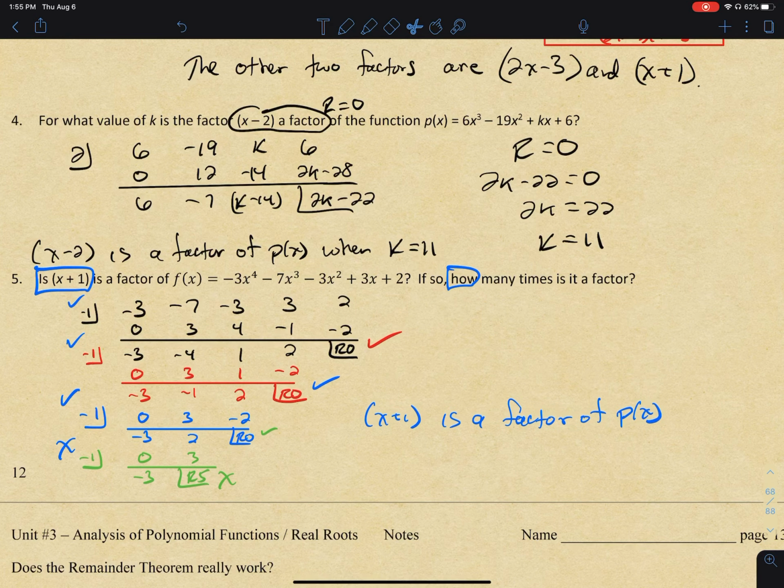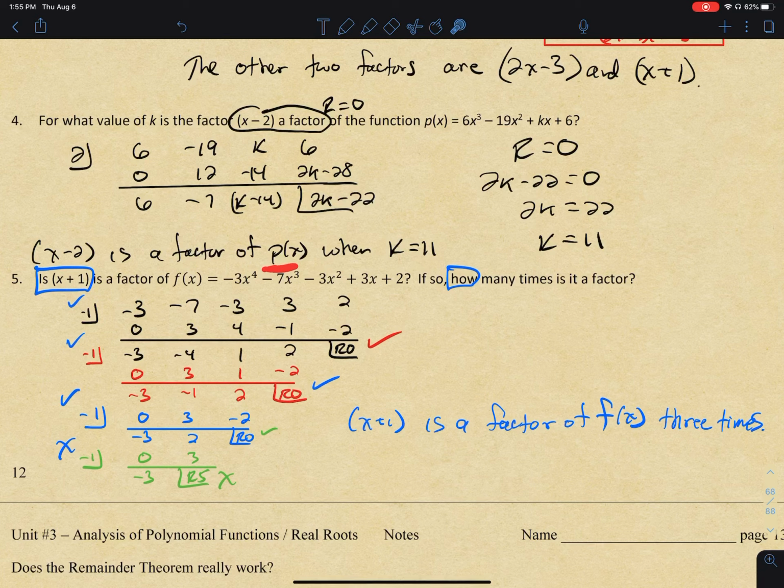X plus 1 is a factor of p of x 3 times. Alrighty. It is p of x? No, it's f of x. I'm sorry. This is function f, not function p. Was the last one p? Yes, it was. X plus 1 is a factor of f of x 3 times.